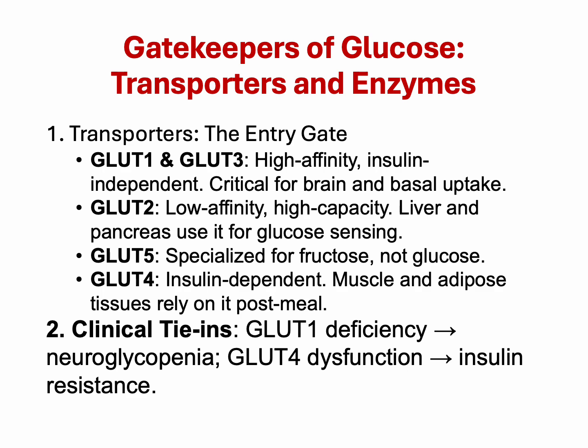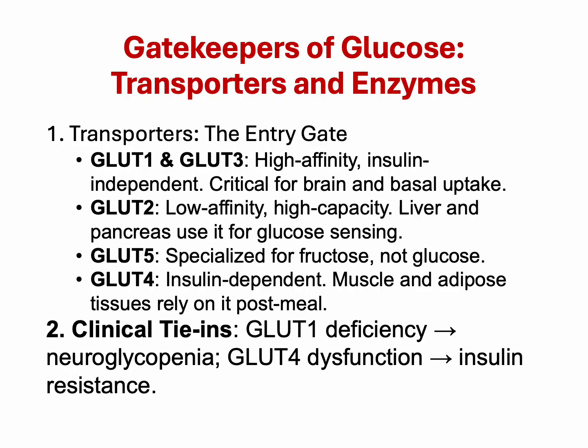GLUT1 is widespread, supporting basal glucose uptake especially at the blood-brain barrier and red blood cells. GLUT3 is primarily found in neurons with an even higher affinity to efficiently meet the brain's high energy demand. Both are essential for maintaining constant glucose availability regardless of insulin level.